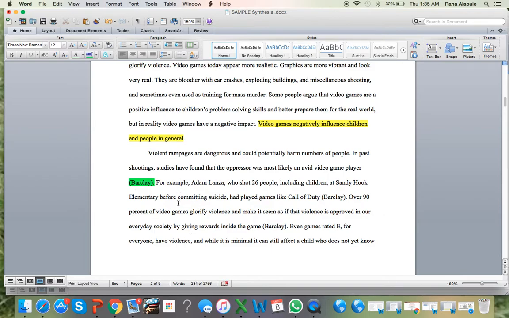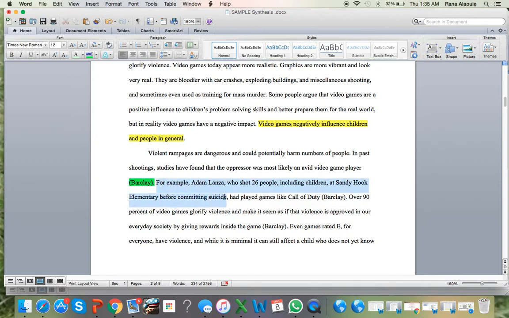So moving on. So she said her piece up there, and then she writes, for example, Adam Lanza, who shot 26 people, including children, at Sandy Hook Elementary before committing suicide, had played games like the Call of Duty. Barkley. Again, she put the author. She did not quote.